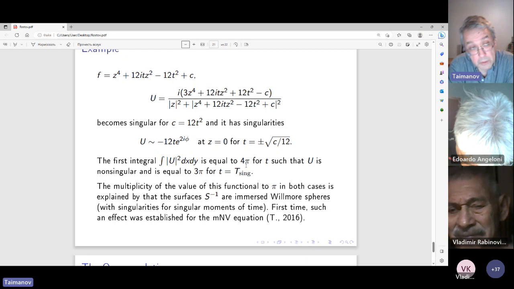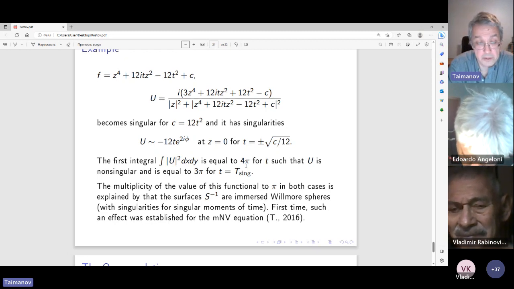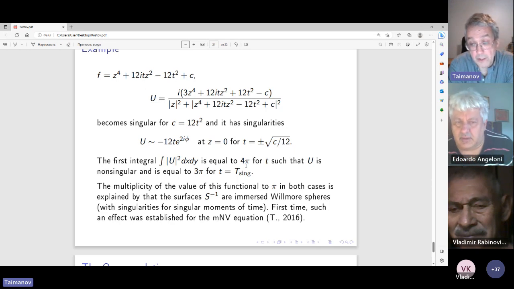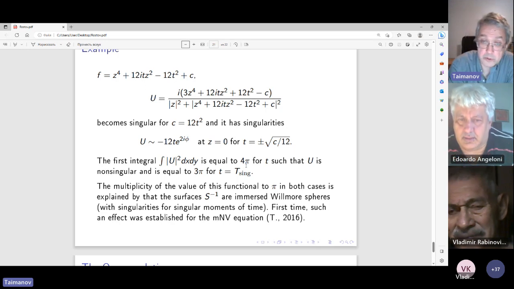So some of the simplest examples of Willmore surfaces in R3 and R4 can be obtained as Möbius inversions of minimal surfaces in R3 and R4.